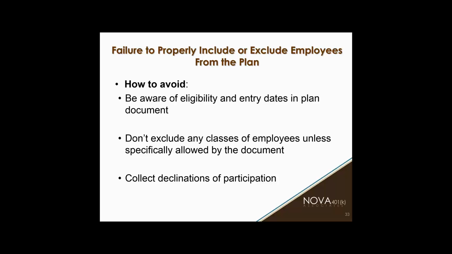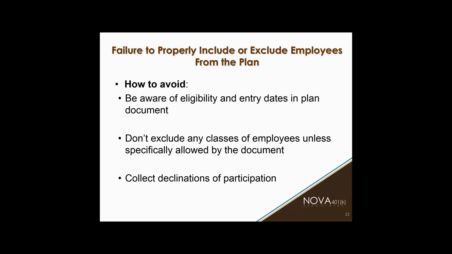Also, are you excluding anyone? If it's a 3-month requirement, am I excluding part-timers? Again, that has to be in your document if you're going to try to do that. And just as good business practice, in case the IRS comes in and audits you, we would suggest that if you're offering someone the plan, collect even the zero declinations, like I decline to participate.